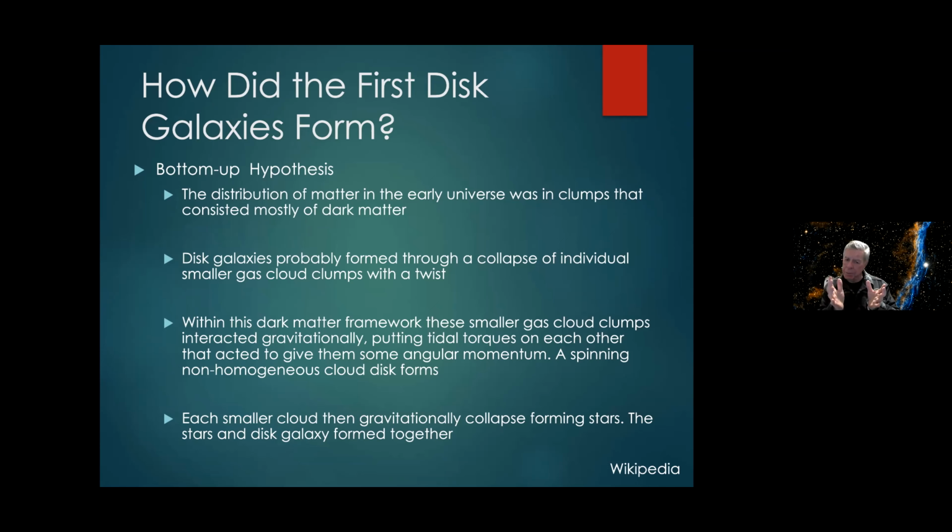The disk galaxies probably formed again through the collapse of individual smaller gas cloud clumps, kind of like the star cluster story, only with a slight twist to it. And the twist is that this dark matter framework with these smaller gas cloud clumps interact gravitationally, putting tidal torque on each other and acting to give them some angular momentum.